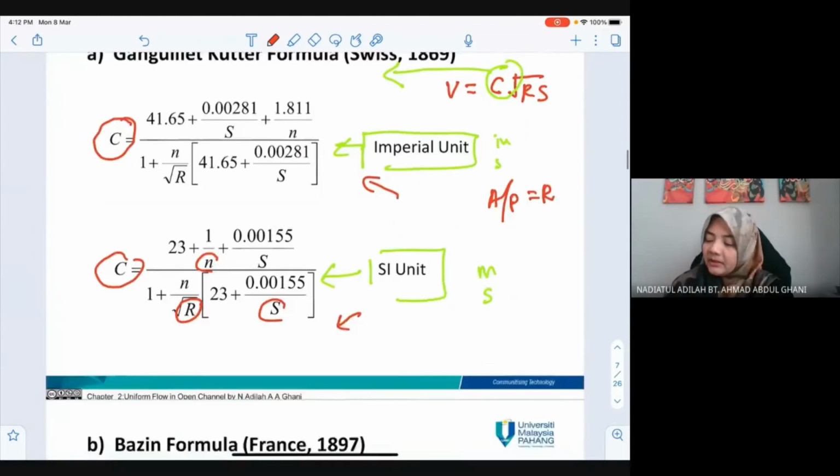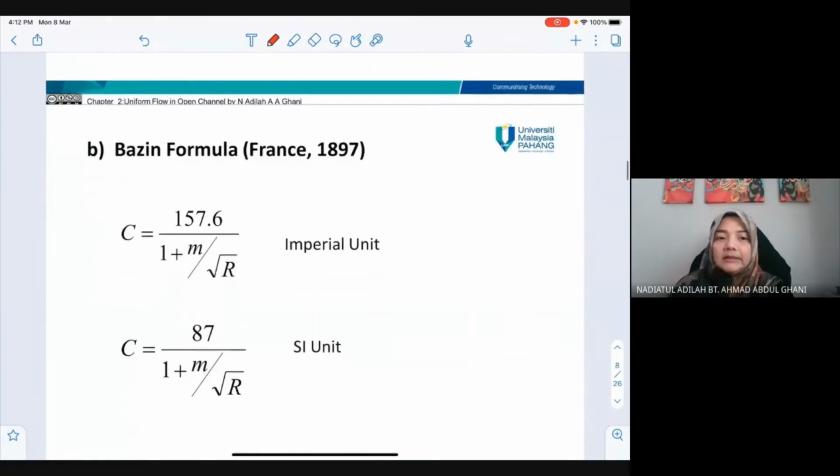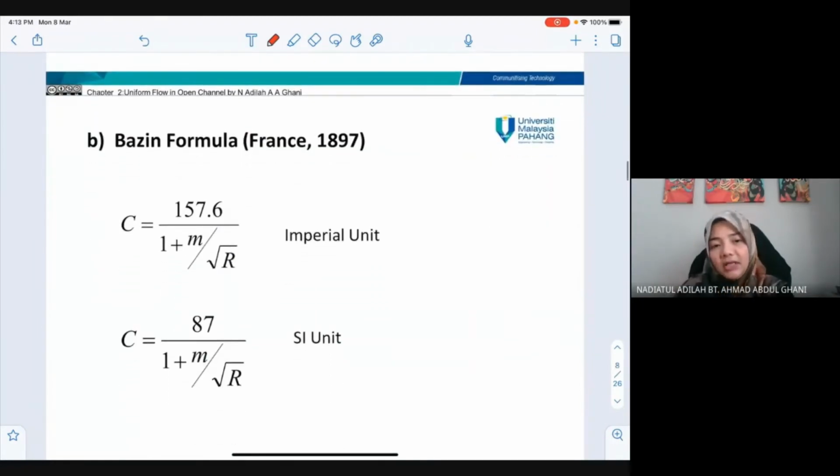Right. Another one, okay. Selain daripada GK formula, you also can use Bazin formula to calculate your C. If you see this Bazin formula, we also have it in imperial unit and also in SI unit.